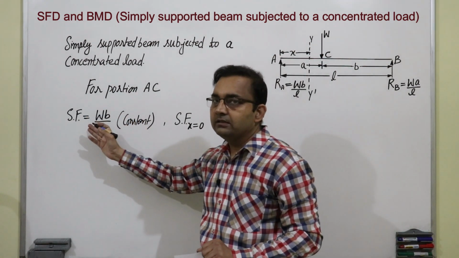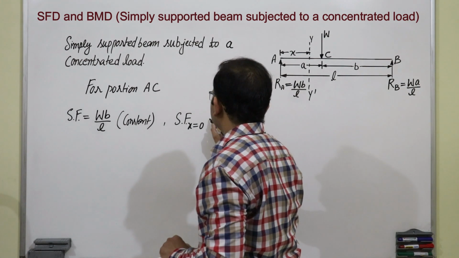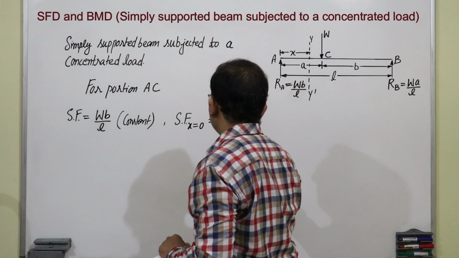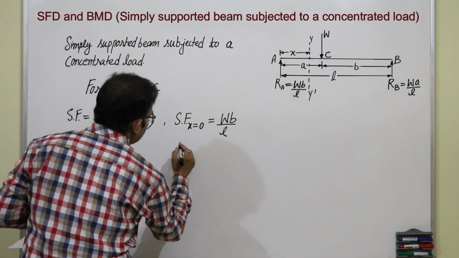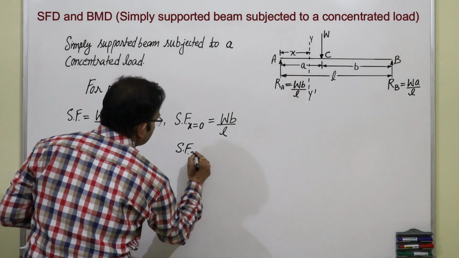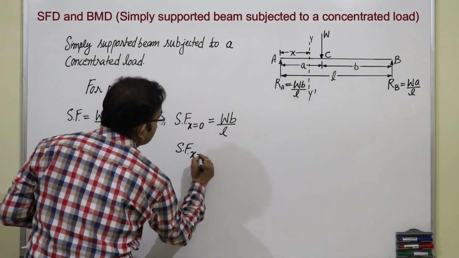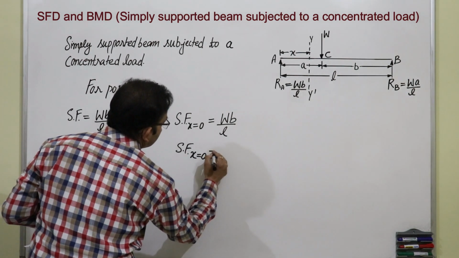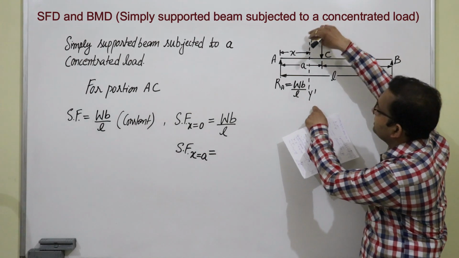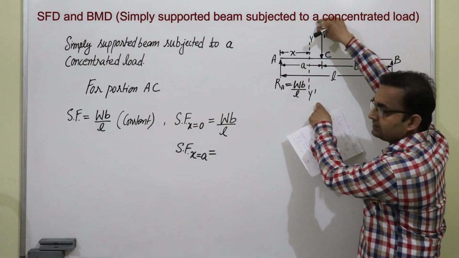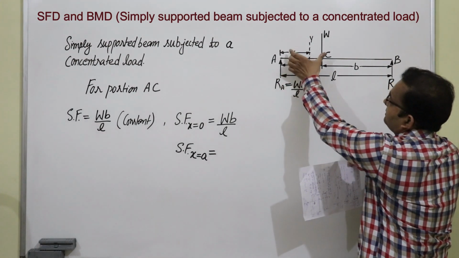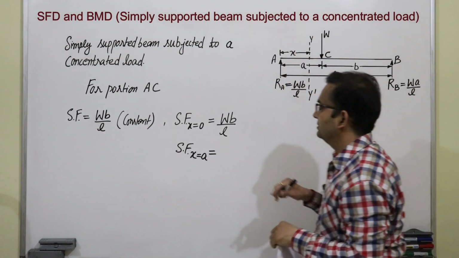There is no x in this, so it is the same, WB by L. And shear force at x equal to small a: if I slide this section up to C, x will increase and become equal to a.